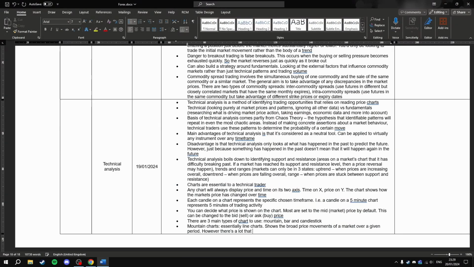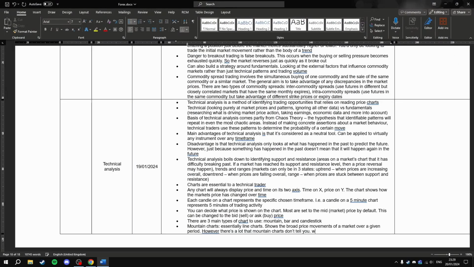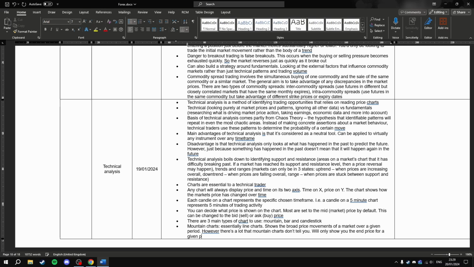Oh, right, okay, so it only tells you the end price for a given period.